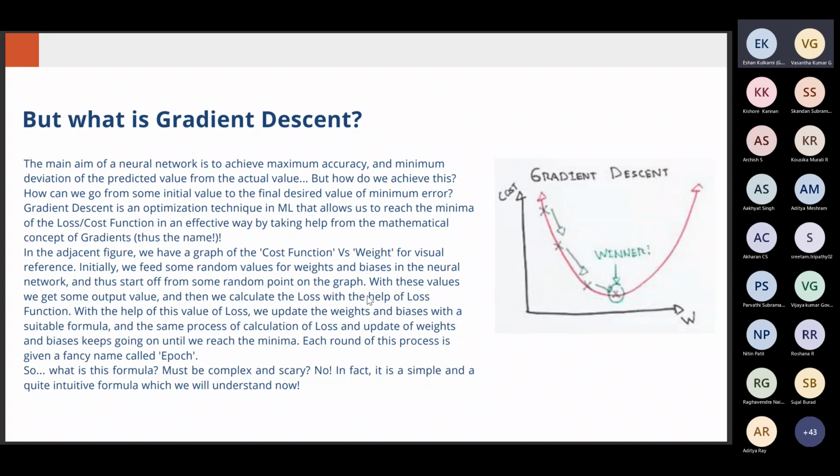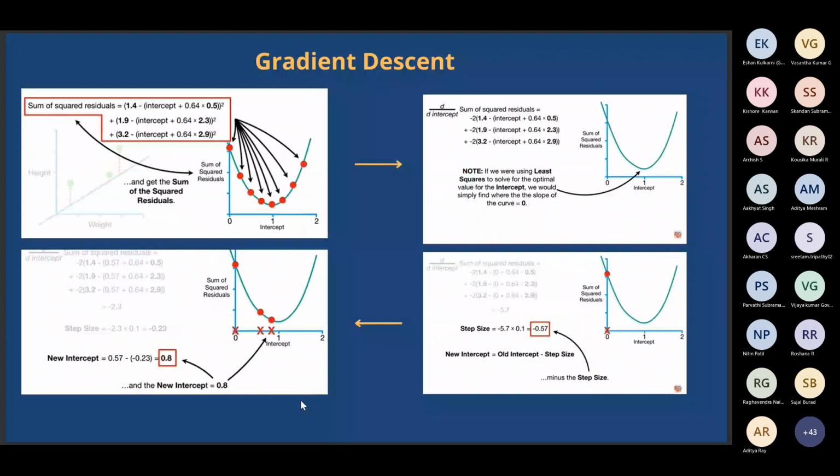So what exactly is this formula and how does it work? Let's take an example and see. Let's say we want to predict the height of a person based on his weight.